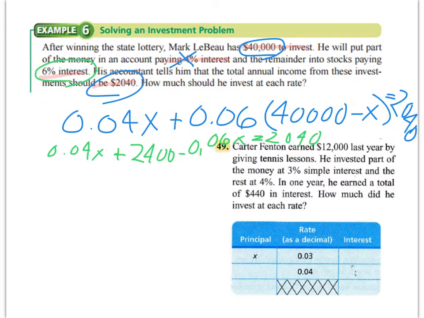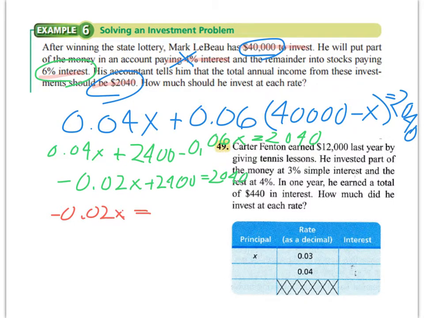If I combine the terms on the left, I actually get negative 0.02x plus the 2,400 equals the 2,040. And from there I would subtract the 2,400 from both sides of the equation. So again, that will also be negative.